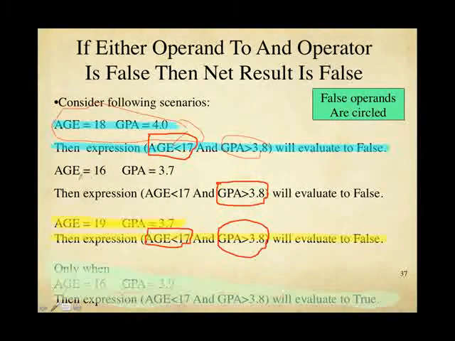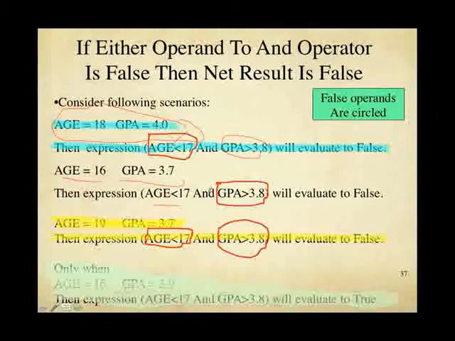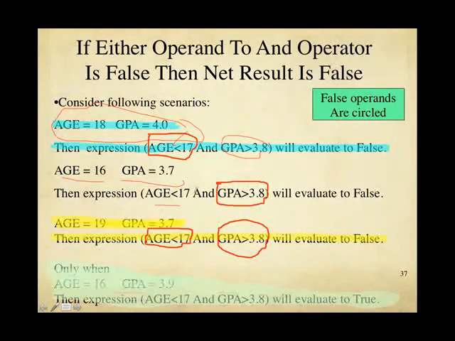Then let's take the second scenario that age is 16 and GPA is 3.7. So in that case, this part is true, but GPA greater than 3.8 is false. So that means the AND operator must behave in a way that if this is false, then the entire thing is false.